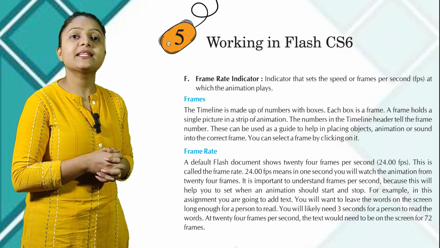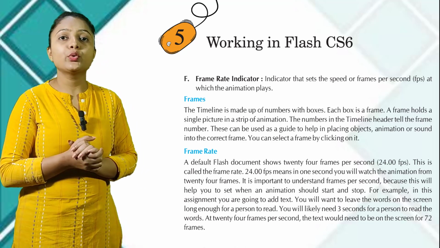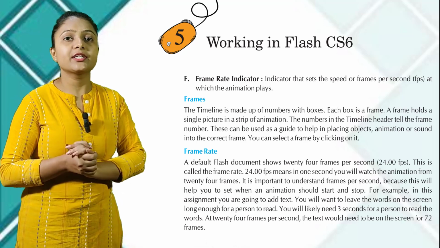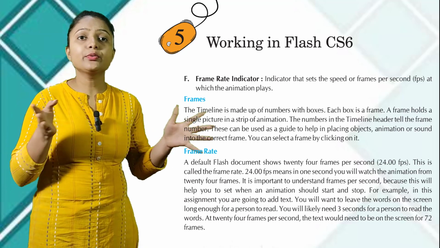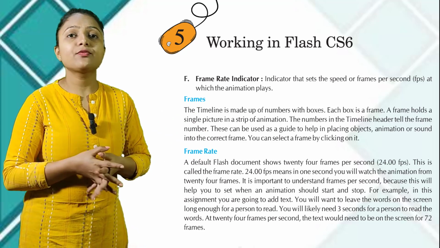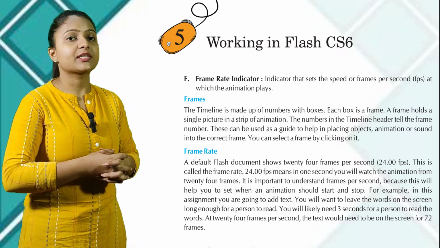For example, in this assignment, you are going to add text. You will want to leave the words on the screen long enough for a person to read. You will likely need 3 seconds for a person to read the words. At 24 frames per second, the text would need to be on the screen for 72 frames.